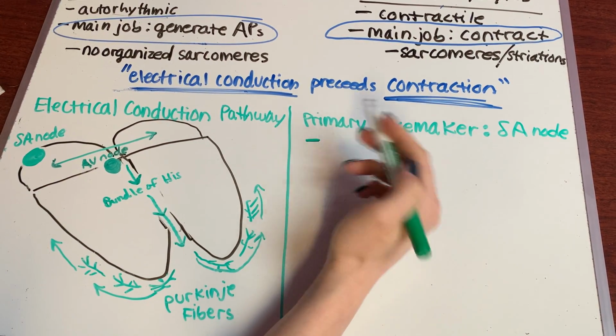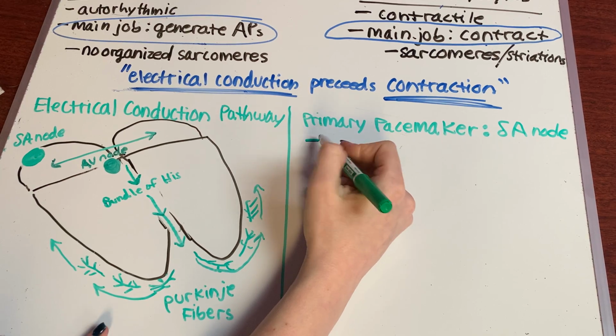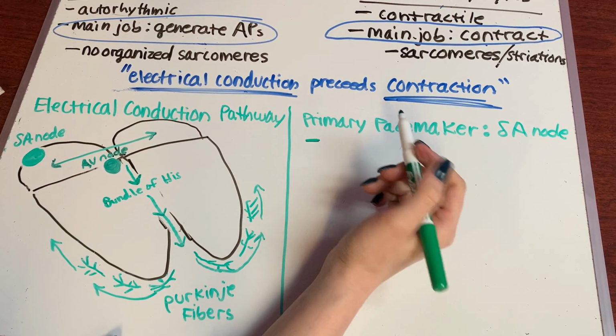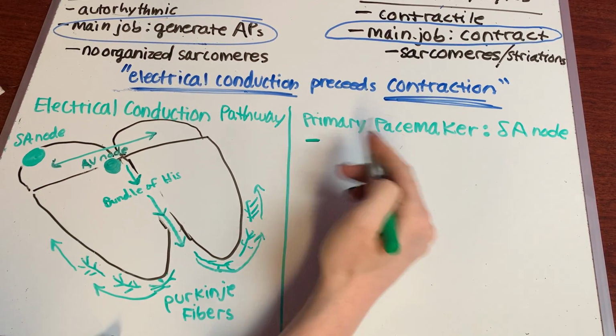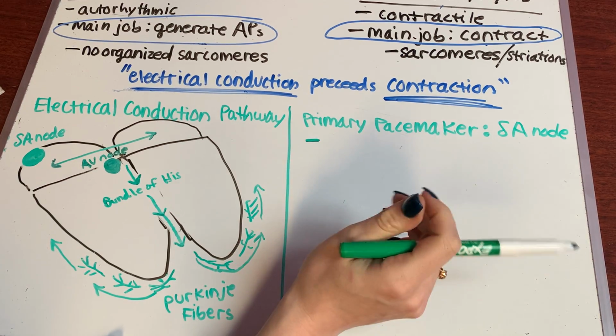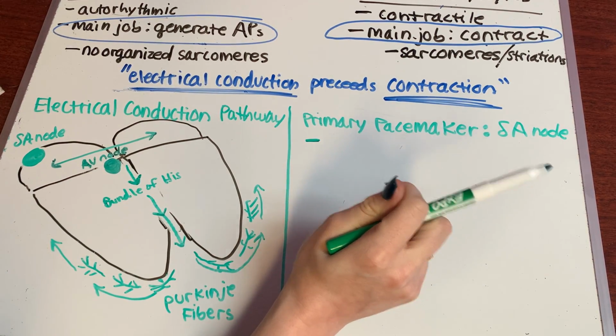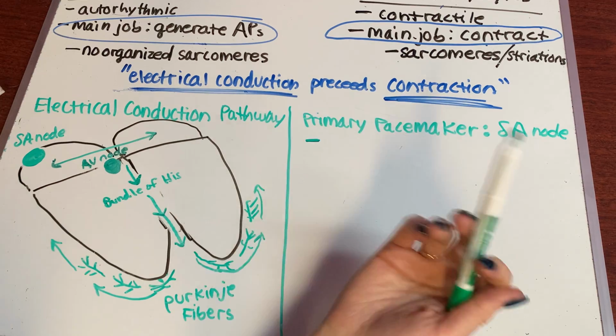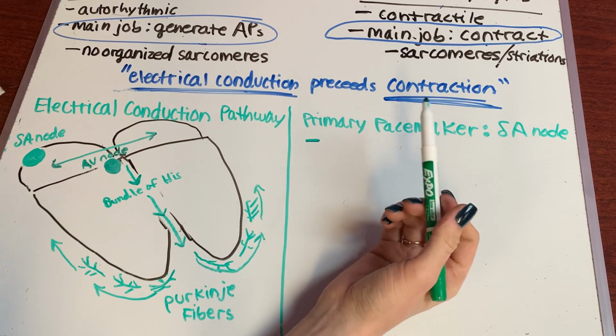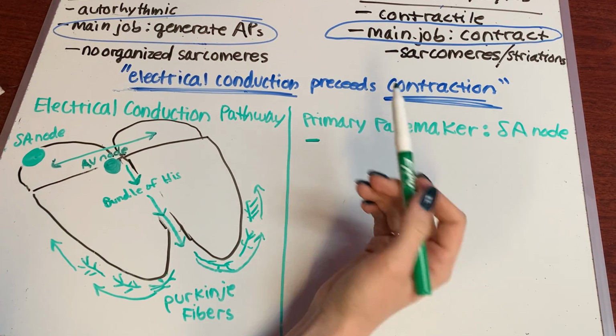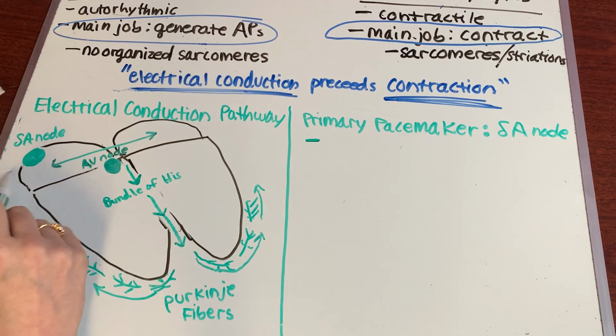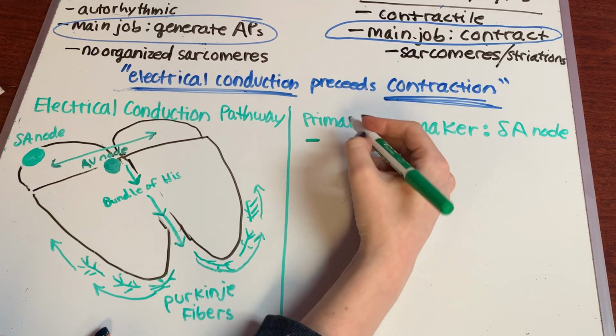And it's primary because there's a faster rate of action potential generation. So when we see primary or secondary, don't think main versus less important, or anything like that. Really think of rate. So the speed of action potentials being generated.